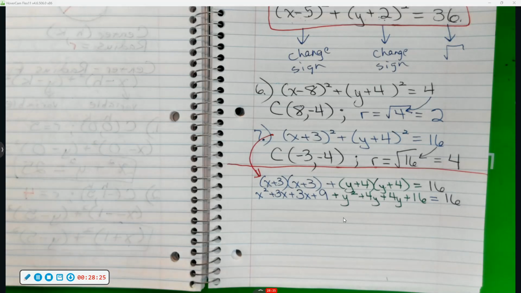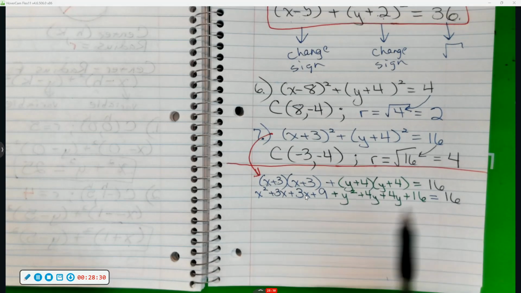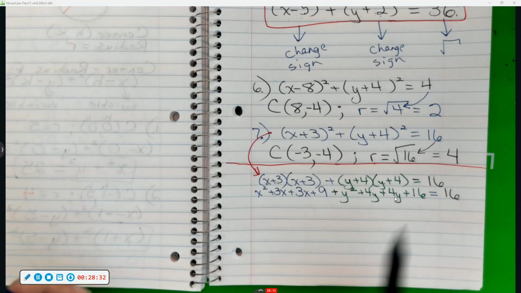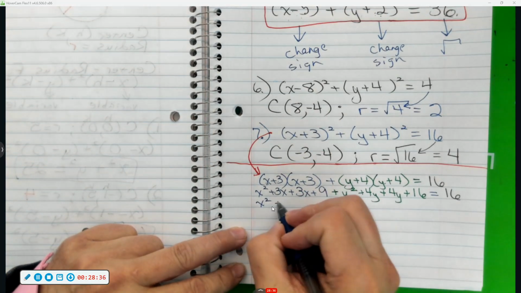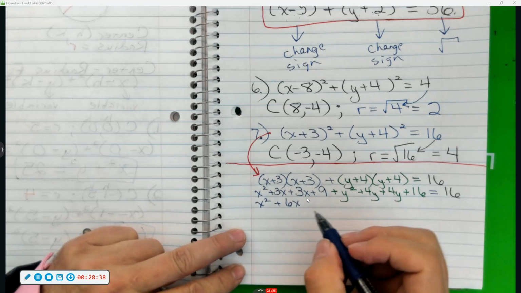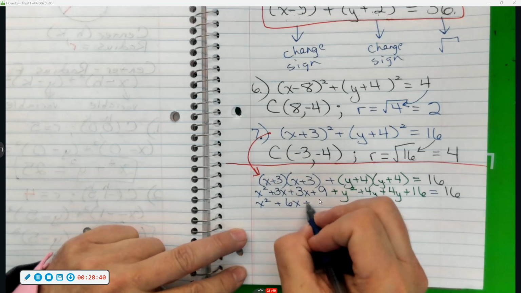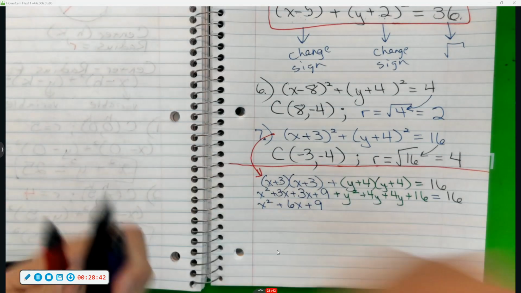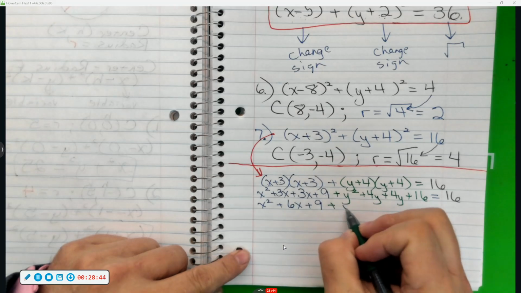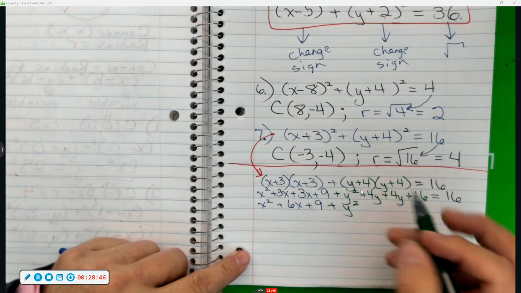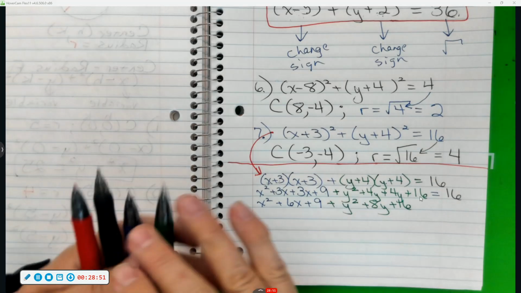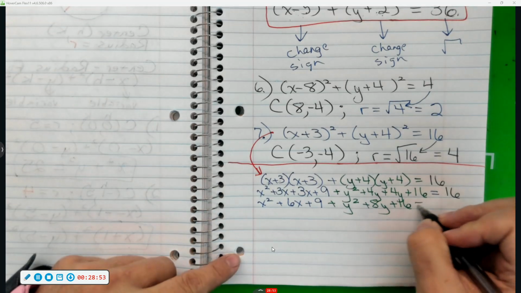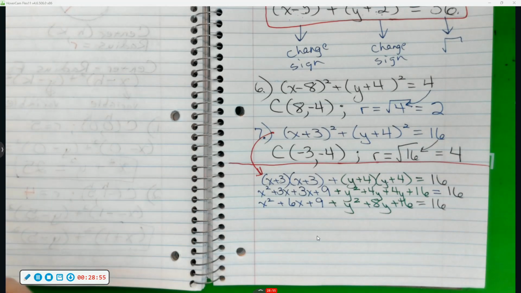And we can combine the 3x's and the 4y's. And I'm going to write that as x squared plus 6x. I'm going to leave the plus 9 there for the time being. Plus, we have a y squared plus 8y plus 16 equals 16.